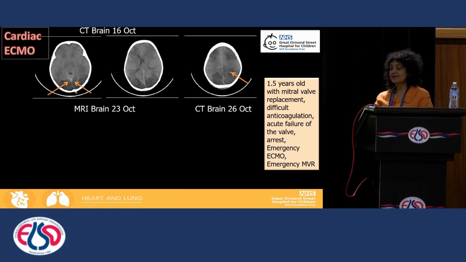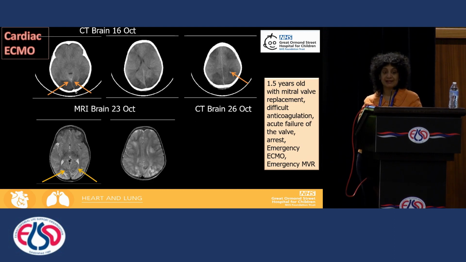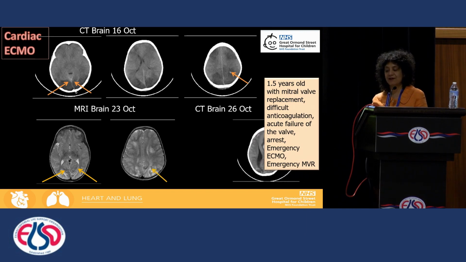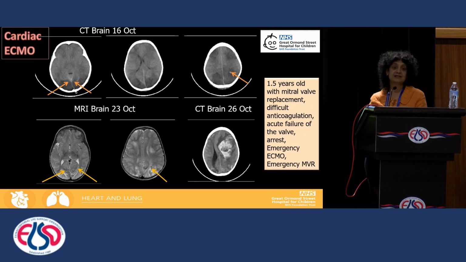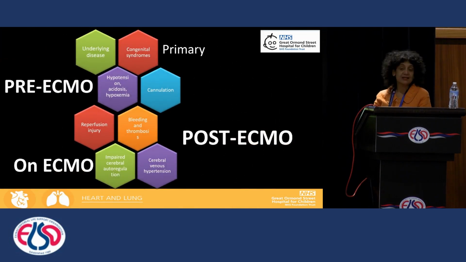You can see that this child had a mechanical valve and difficult anticoagulation, acute failure of the valve, emergency ECMO, and you can see the series of scans showing small infarcts, and then the child gets decannulated, excellent, and then has an MRI, and then finally what results in a poor outcome here is a severe intracerebral hemorrhage, which is fatal for this child. So we have heard this before.